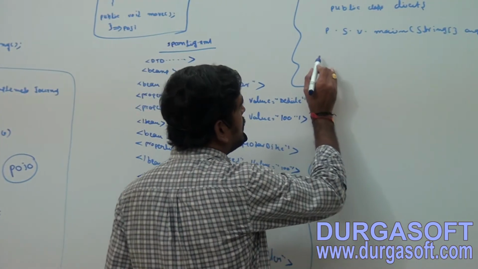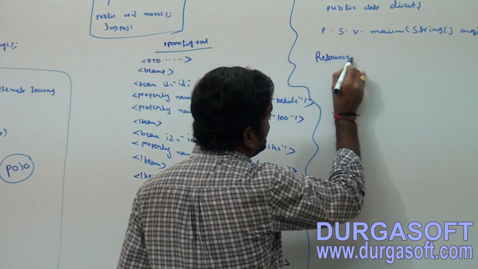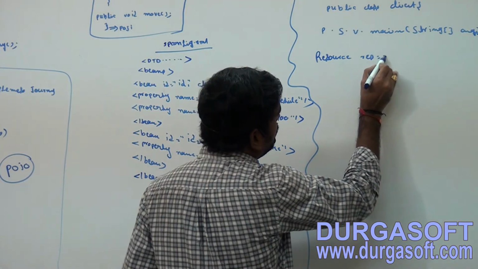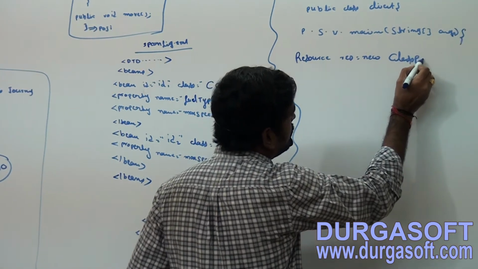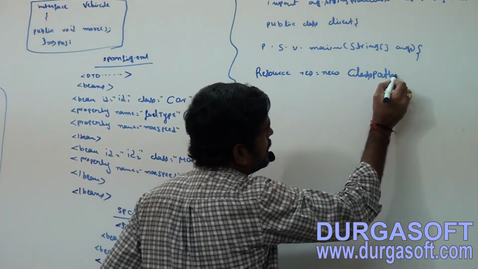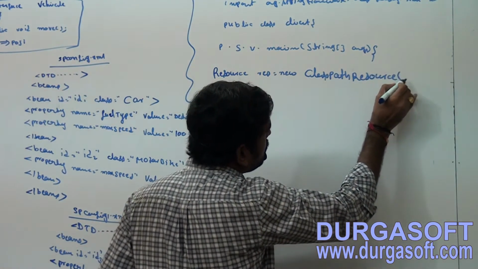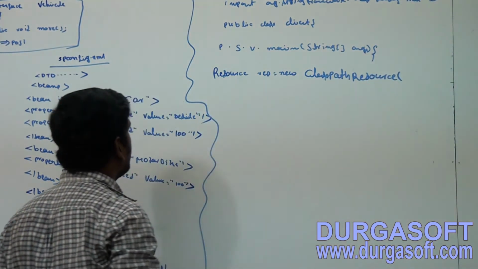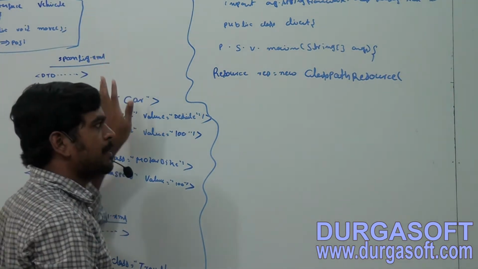So now here, Resource res is equal to new ClassPathResource. Now here we can pass what? spconfig.xml, the Spring configuration file name, we can pass.